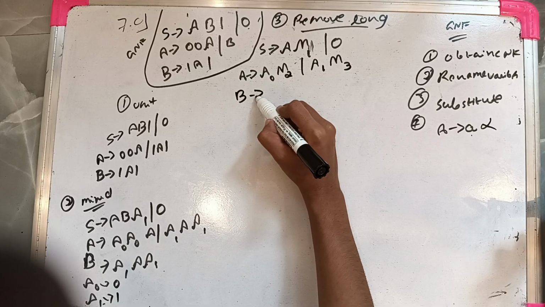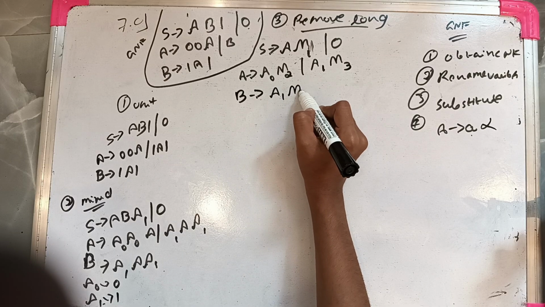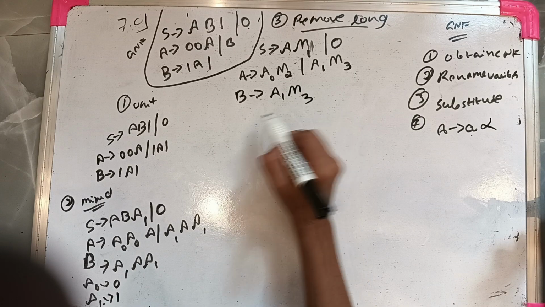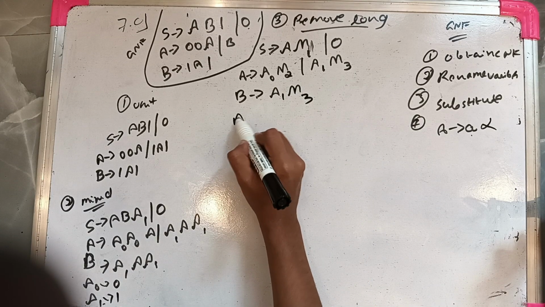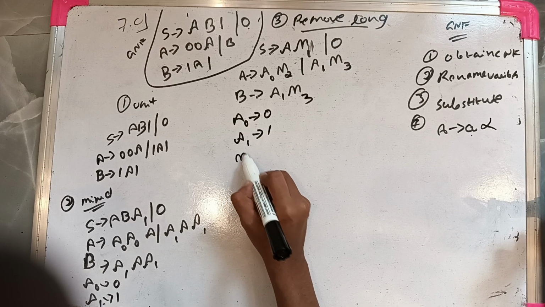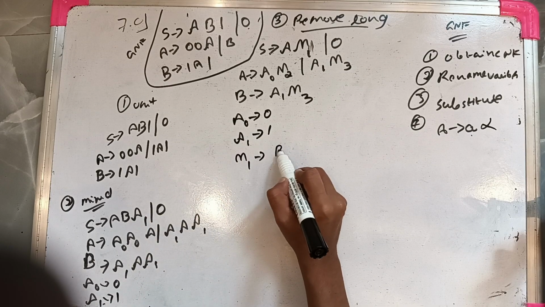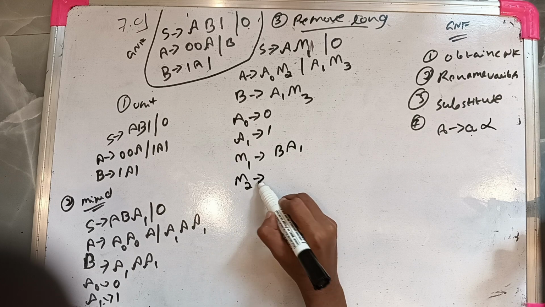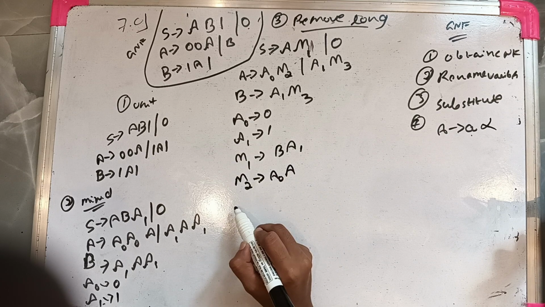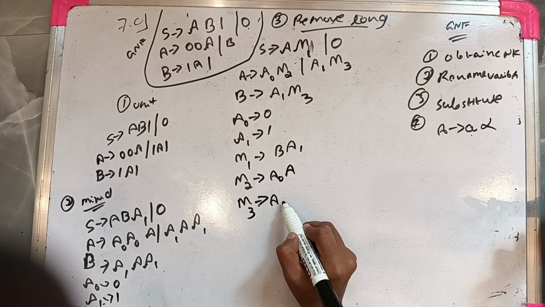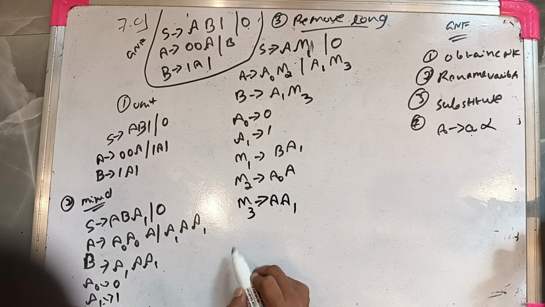B gives A1. Here A1 is the same, so I will give M3 itself. A0 means 0, A1 is 1, and M1 means B A1, and M2 means A0 A, M3 means A1.